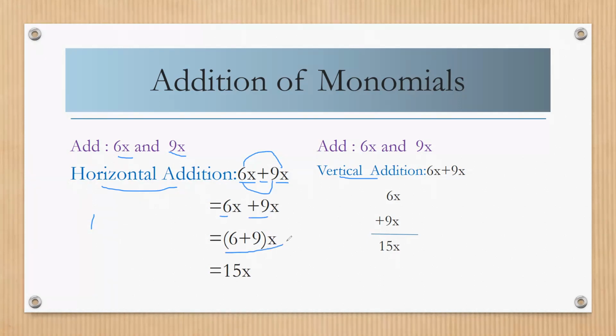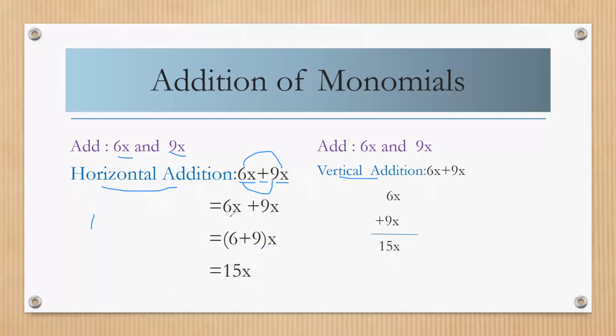In this step, I have clearly shown you that we have to add 6 and 9. 6 plus 9 is 15x. You can directly do this step and move on to this step. I have just shown you this step to make clear that we just have to add only the coefficient.